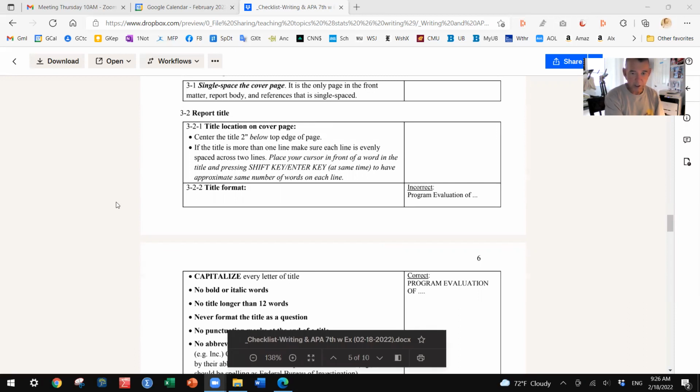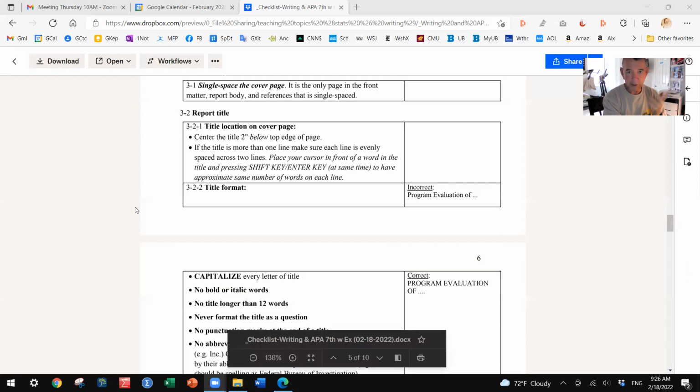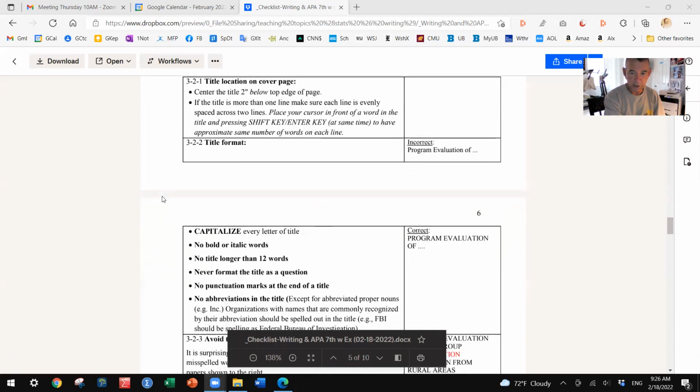Also, if your title's long and it needs 2 lines, rather than have just one word on the second line, I show you here how to get to the middle, some appropriate place in the title, and then hit the shift key and the enter key, and it'll break it down into 2 balanced lines. And so make sure your report title is centered, and if it's across 2 lines, balanced.